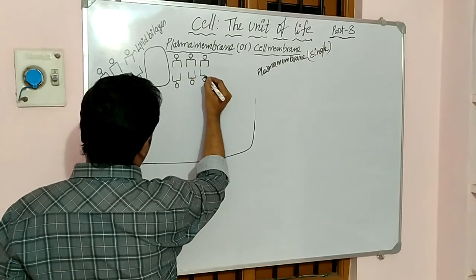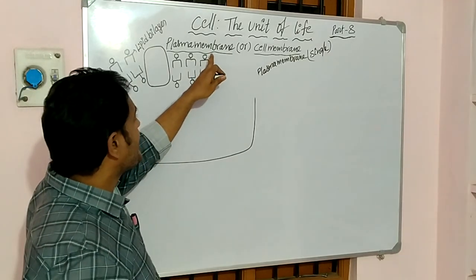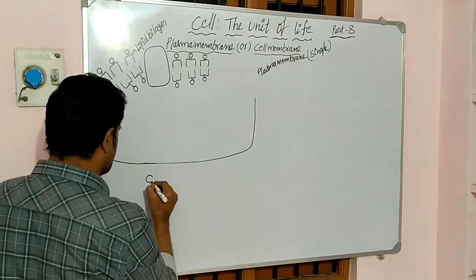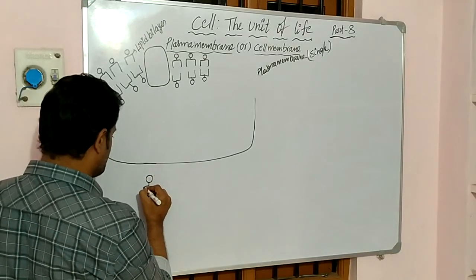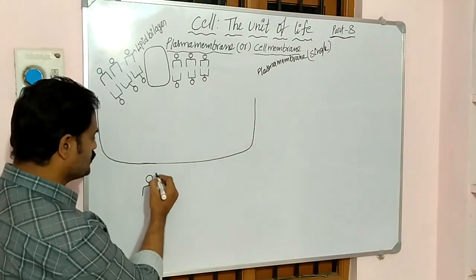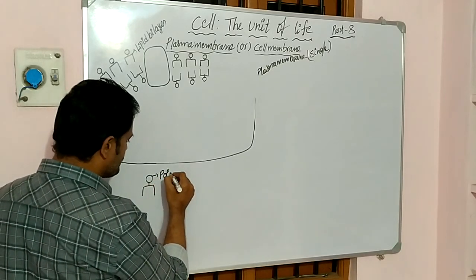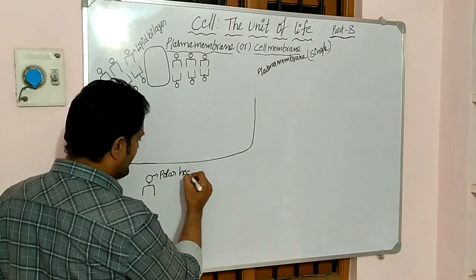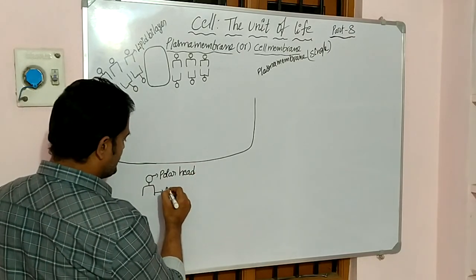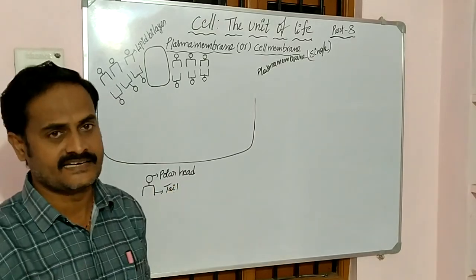See, the lipid bilayer consists of, remember, polar head and tail. I will draw. Suppose this is one lipid molecule, and this lipid molecule has two portions. One is the polar head. This is called the polar head. And these two parts are called the tail. Polar head and tail, remember.